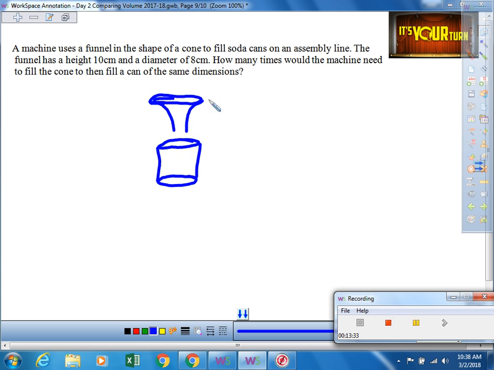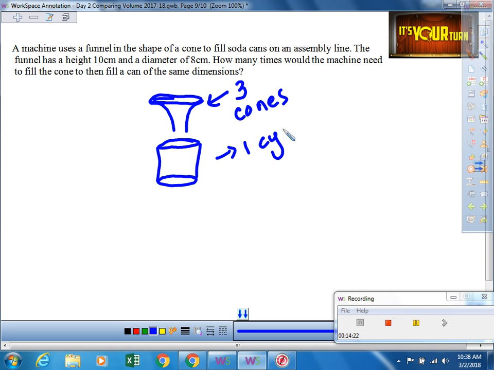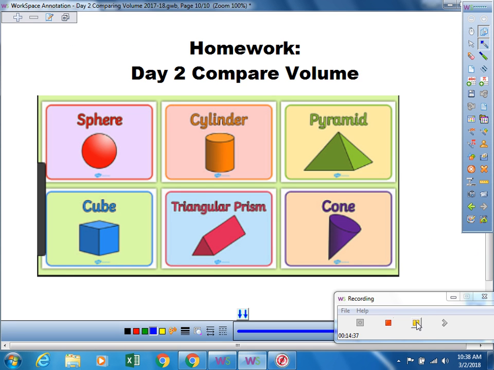So, it took 3 cones to fill a cylinder. 3 cones for 1 cylinder, right? Or 1 cylinder took 3 cones. All right, so it would take 3 cones. That is correct.